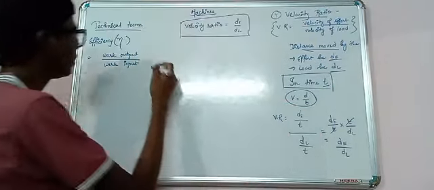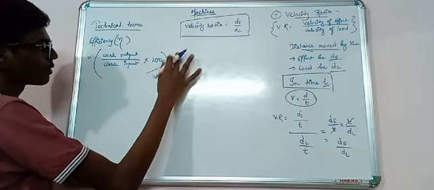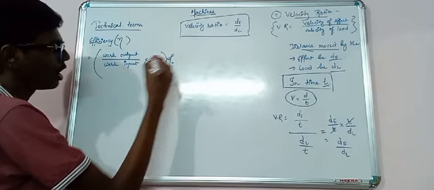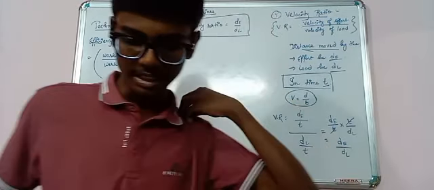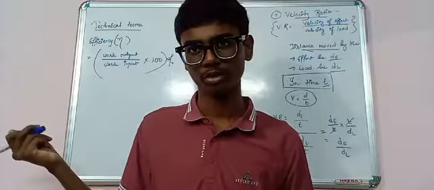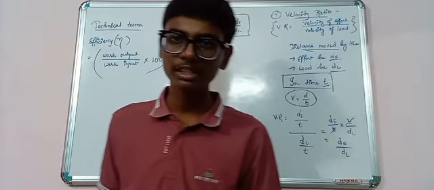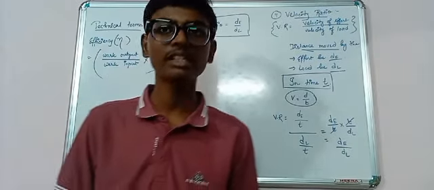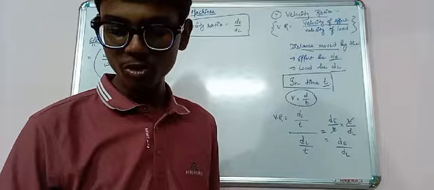So simply what we will do, we will multiply by 100 and done. This is the formula of efficiency. It also does not have any unit because it is also a ratio. And we are multiplying it with 100, the reason being efficiency, or eta, is represented in the form of a percentage.